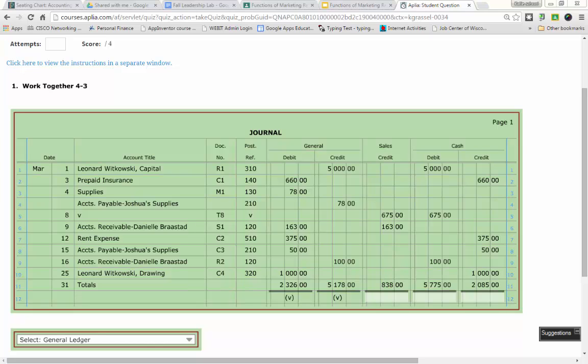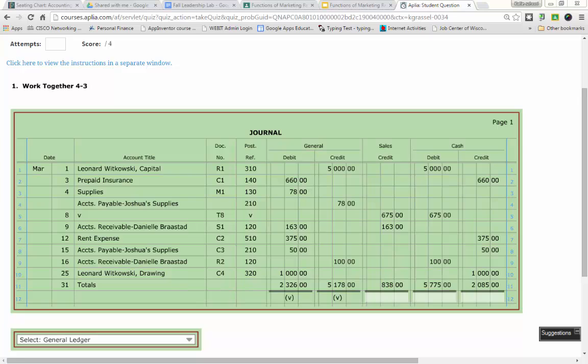So I'm going to go through, I post individually starting at the top, working my way down, and then once I've posted individually, I have to post totals, and when I post totals, I start at the left, and I work my way to the right. One of the things that I don't like about this example is right here under general debit, do you see how they have a V with parentheses around it?